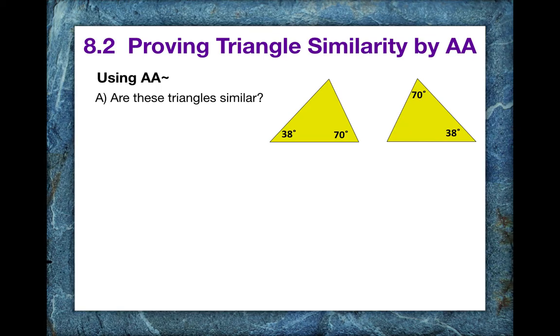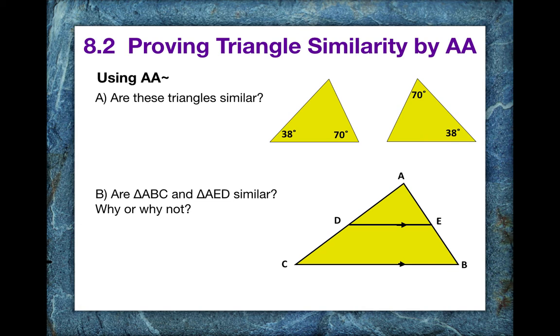So all three angles are the same. But in angle-angle similarity, we only have to show that two angles are congruent. So we have our 70s, we have our 38s, so yes, these two are similar.